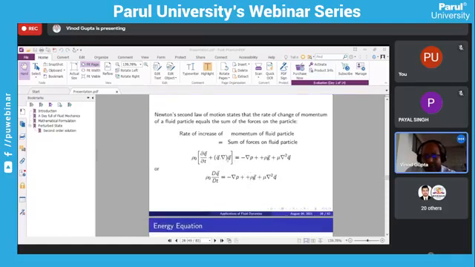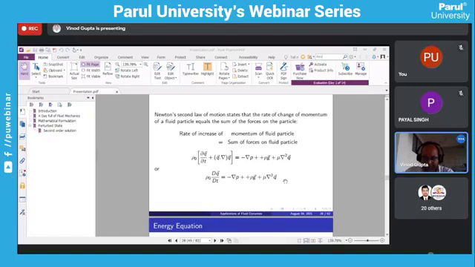Suppose our fluid is in a rotating machinery, then there will be one more term on the right hand side, because that is also a body force. One more term is there if the fluid is rotating. And suppose we apply a magnetic force to the fluid, then we will get a next term, the electromagnetic force, because it states that the change in momentum is equal to the sum of all forces acting on the particle.